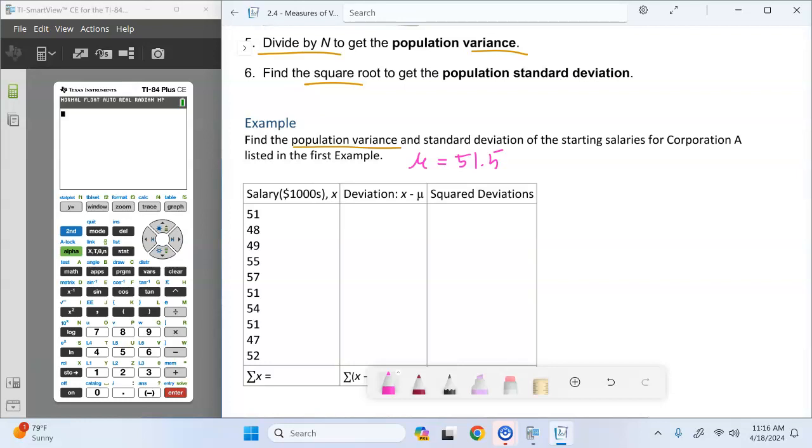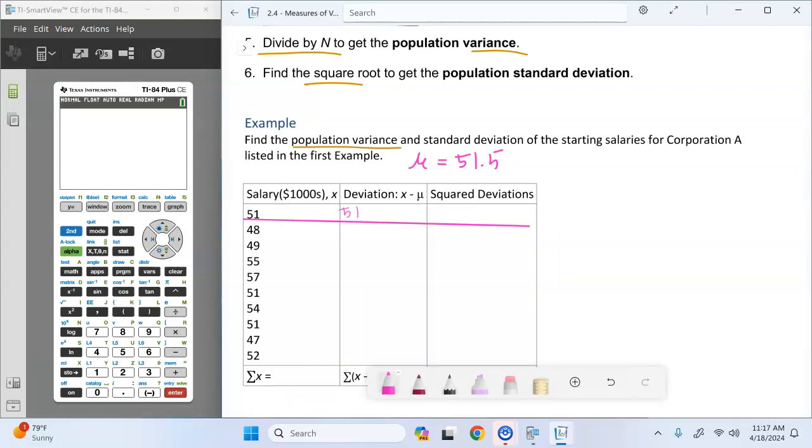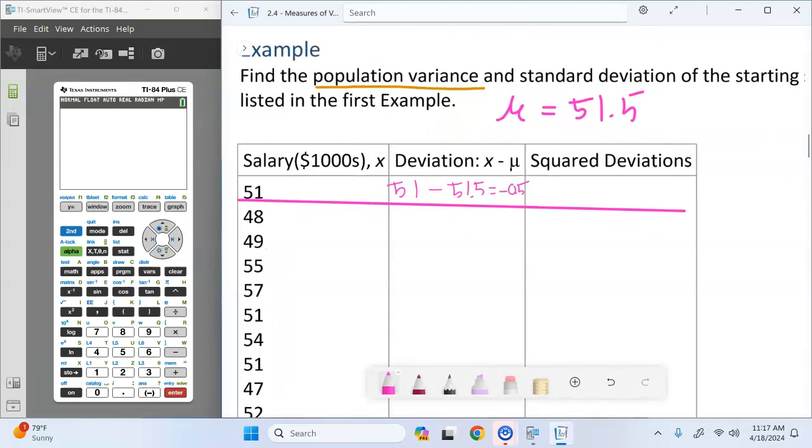Step 2, we want the deviation. So we're going to take every single x value, and we are going to subtract the mean. We take 51, and we subtract 51.5. What do we get? Negative 0.5. And then we do it again. 48 minus 51.5.